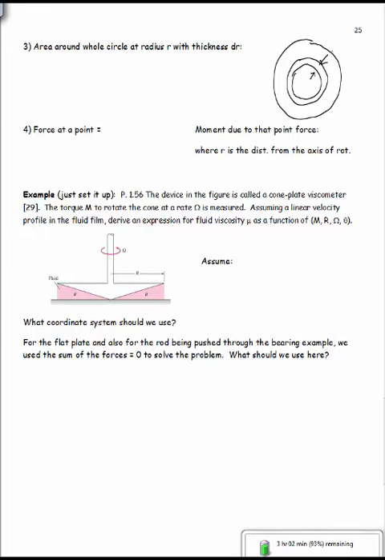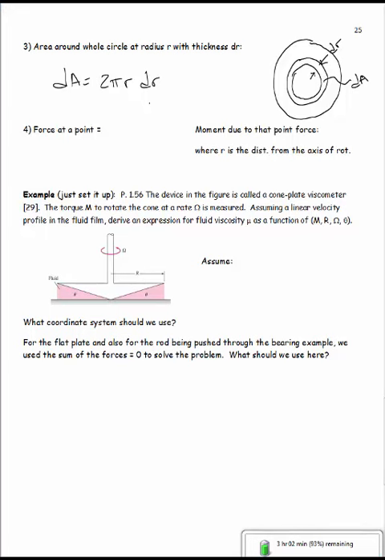Maybe if this is a flat disk, that width would be dr. All right, this dA then would be 2 pi r. So this whole distance around here is the circumference, 2 pi r, and then times the width, dr. Whatever that width is. We'll have a problem down here where it's not dr, but you can use whatever width that is. All right, so those are really the 3 tricks in finding your dA.